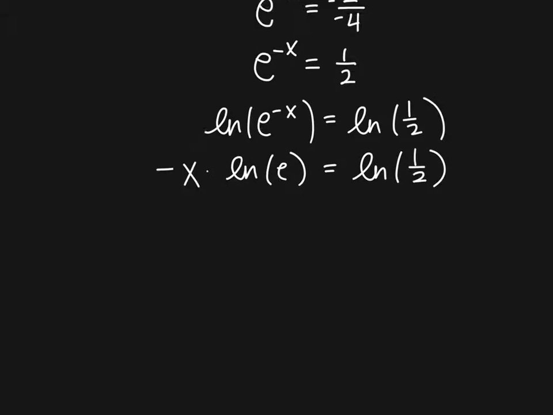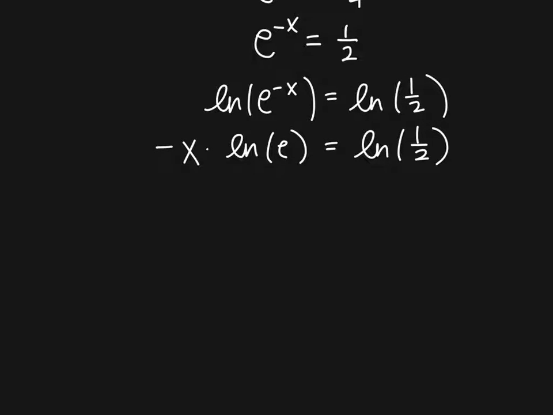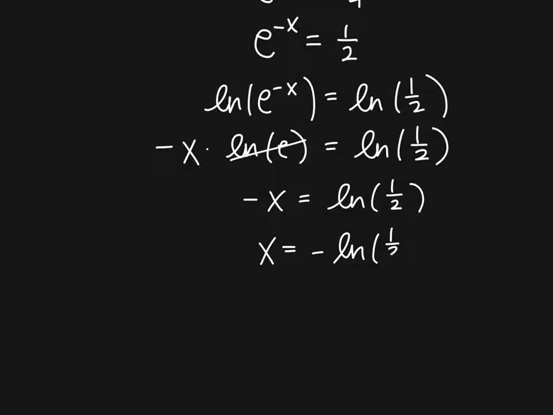You guys remember Lenny from last year, right? Okay, ln e. They cancel each other out. ln and e are the only two things that cancel each other out. So that cancels out to 1. So I'm left with just negative x. I almost have x by itself already. And then x by itself would be x equals negative ln of 1/2.